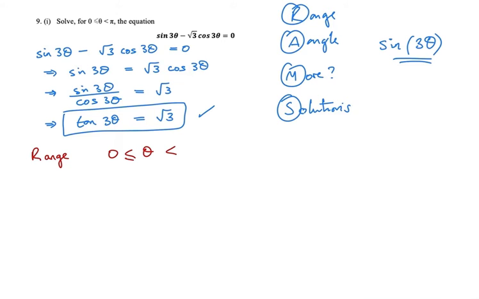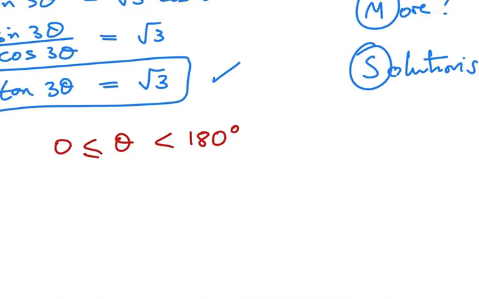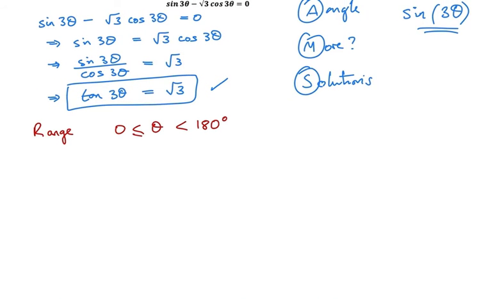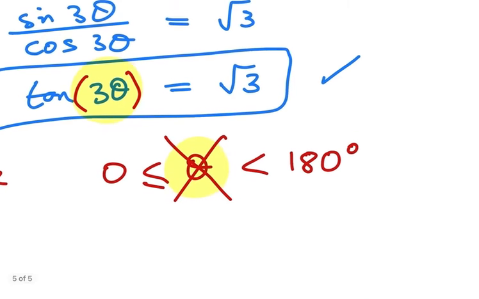So you're used to degrees, pi is in radians, but don't worry about that too much now. Pi just means 180 degrees, okay? So this is our range, but do you notice the thing that is problematic here is that these two do not match up, okay? The thing that is inside our trigonometric function is not the same as the thing that is in our range, and we need them to be the same.